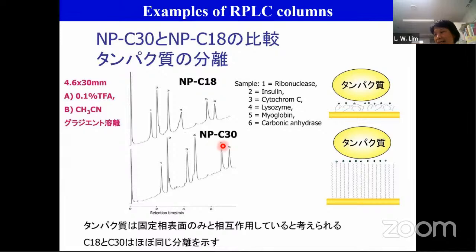But sometimes now some people are trying to make C30 because if you can successfully control the phase here, there is a possibility you can do the separation by only water. We don't use organic solvent. There's one company right now selling the C30 products.